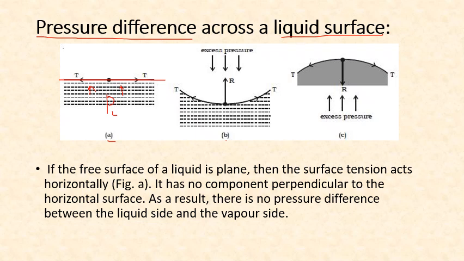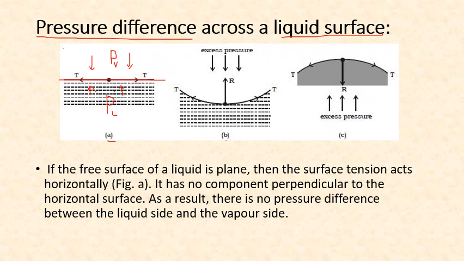The second type of pressure is applied by the air molecules or the vapor molecules. We call it PV, vapor pressure. It is the pressure applied by the air or the vapors of the liquid onto the surface.